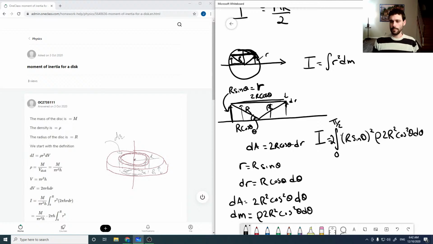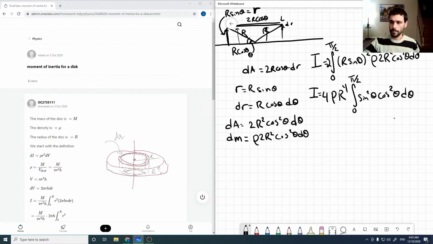Okay, so now collecting some of these constants out front. So I've got a rho r squared and another r squared. These are all the full radius of the circle, so that would be 4 rho r to the 4th, integral 0 to pi over 2 sine squared theta cos squared theta d theta. Okay, so now for this integral, I had to look it up.